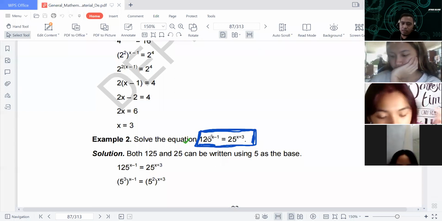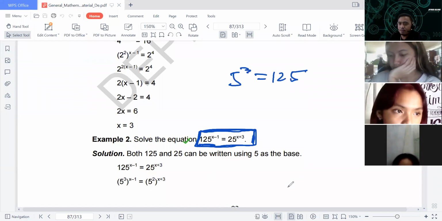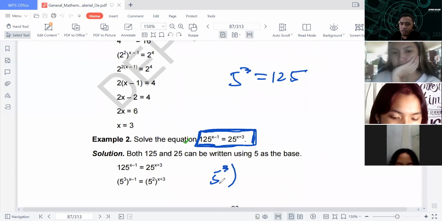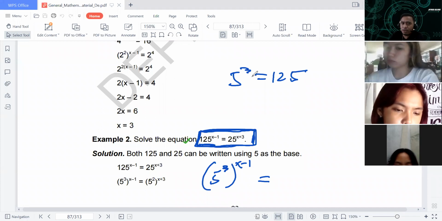So we all know that 125 is just 5 cubed, right? Agree? So it can be replaced by 5 raised to 3, to the power of x minus 1. Okay? Sabtan, the 125 is replaced by 5 to the power of 3.